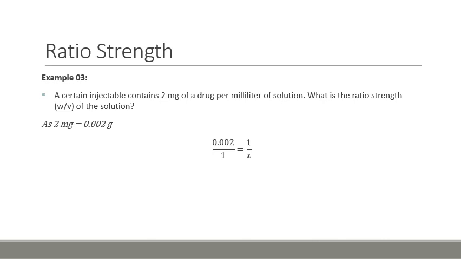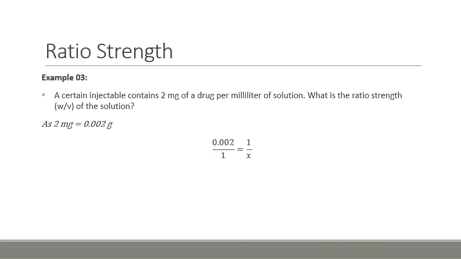As it says, if 0.002 gram of drug is present in 1 milliliter of solution, then what will be the proportion of 1 gram of the drug in the preparation, that is indicated by x. So 0.002 in 1, so what will be the quantity of the solution containing 1 gram?